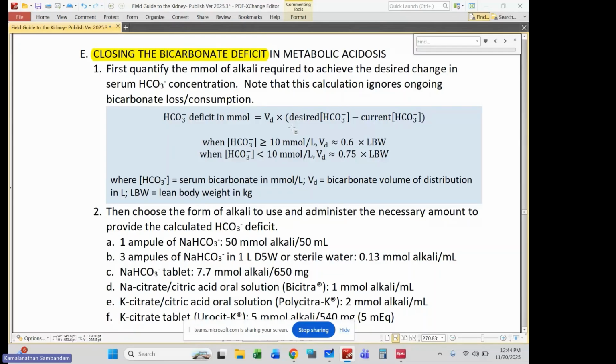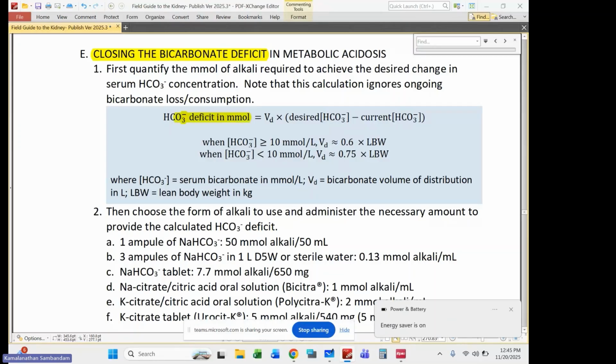Okay, I won't belabor this because presumably this should be familiar to you and you should have used it, I would imagine, because all of you have been on consult months thus far, and I'm sure you've encountered some severe metabolic acidosis, and you said, not just start bicarbonate drip and recheck, but you said, give this much bicarbonate because they need this much, right?